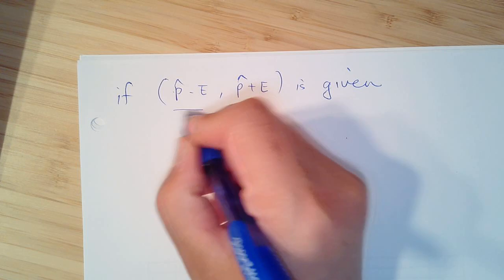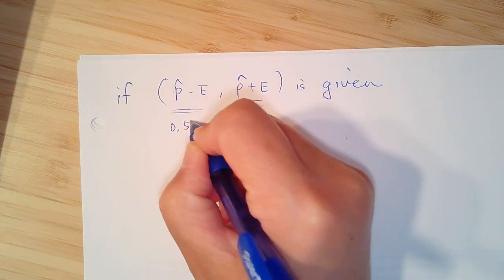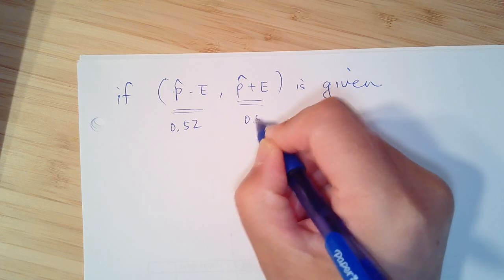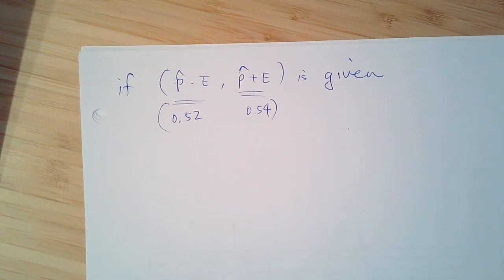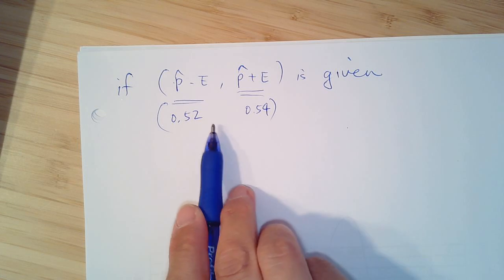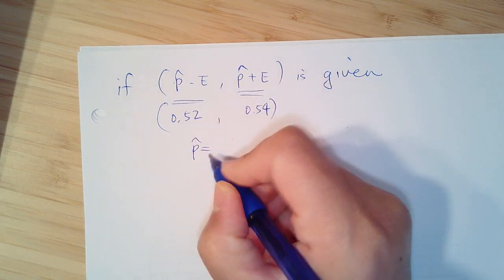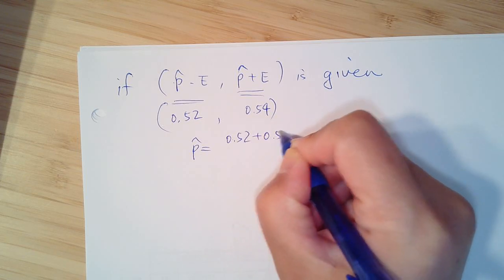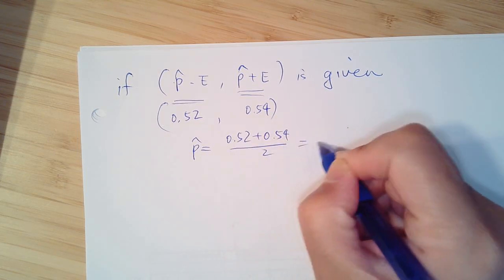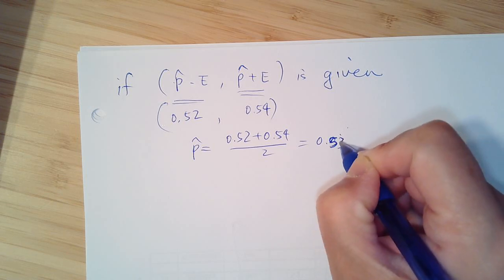If I give you two numbers, let's say this is 0.52, this is 0.54. Can you find P hat? Yep, P hat is right in the middle of these two. So P hat will be 0.52 plus 0.54 over 2, which is 0.53. P hat is the number right in the middle.